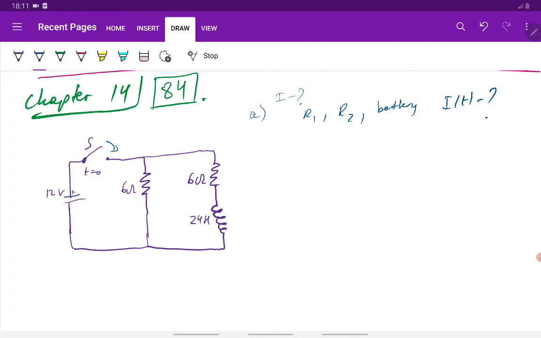Here we have voltage source, right, 12 volts, and we have these two resistances given, and we have this inductor 24 Henry. So we need to find current through resistor 1 and 2 and through this voltage at time equals 0 as a function of time.